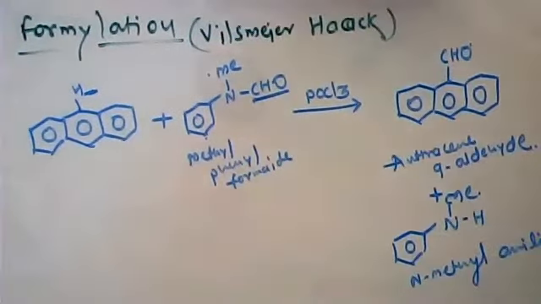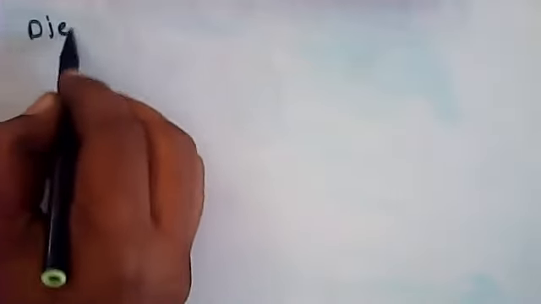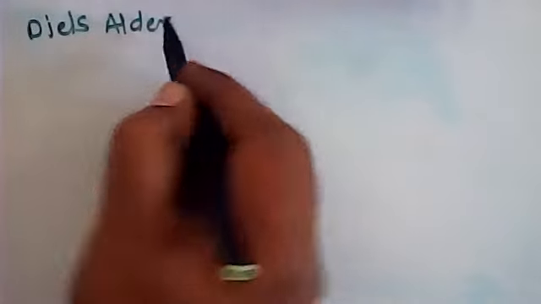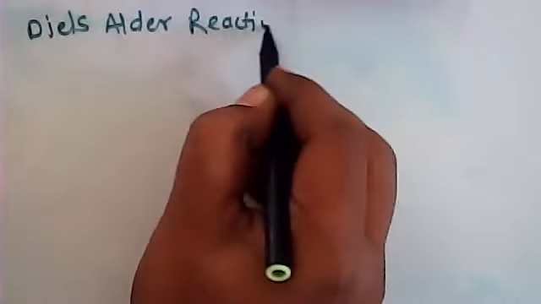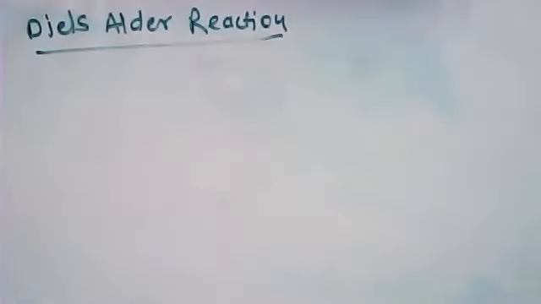Next is the Diels-Alder reaction. In the Diels-Alder reaction, anthracene acts as a diene and undergoes a Diels-Alder reaction at positions 9 and 10 with a dienophile like maleic anhydride to form endoanthracene maleic anhydride.